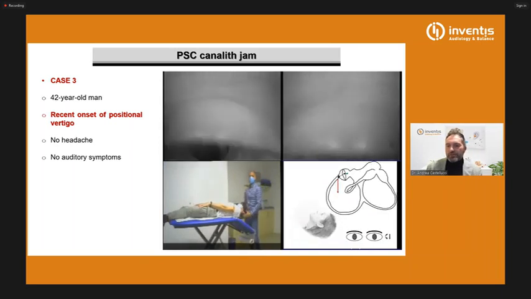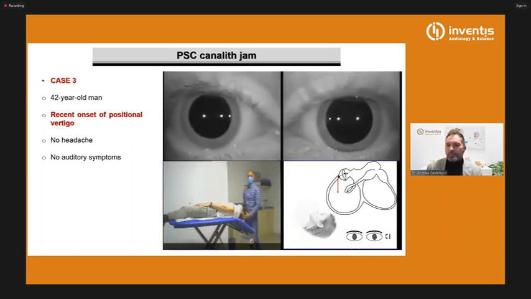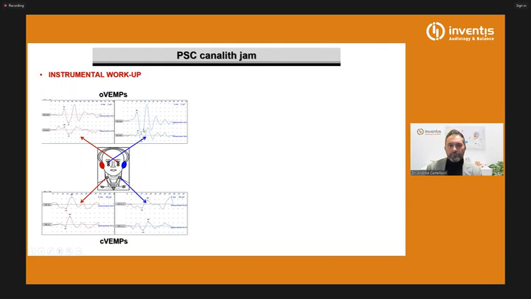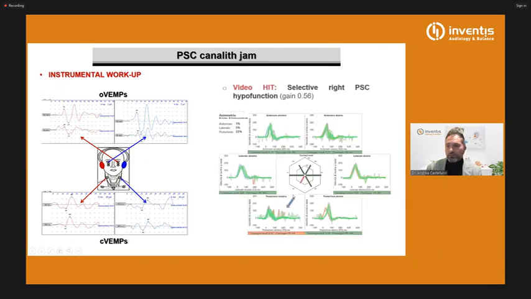And again, of course, the patient is now brought into the whole pike test, but I will rapidly go further. And of course, even in this case, ocular VEMPs were almost symmetrical, cervical VEMPs were symmetrical, and there was a selective lesion of the left posterior canal.